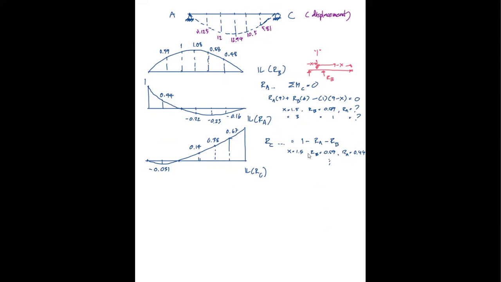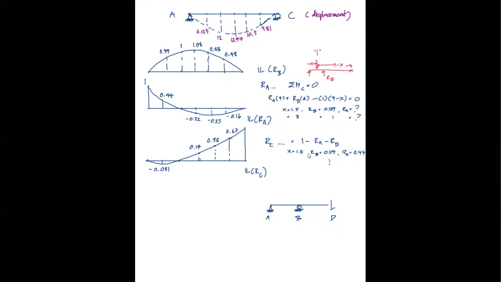Okay. When I cut the free body diagram at D, we have A and we have B, right? This is A, this is B, and that's where D is. Remember now that we have all the values of all the reactions.